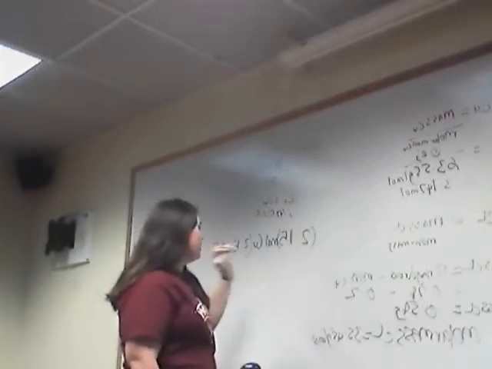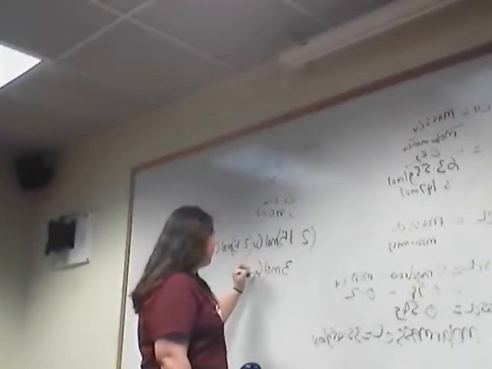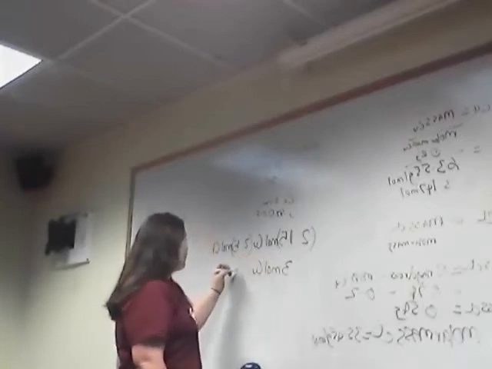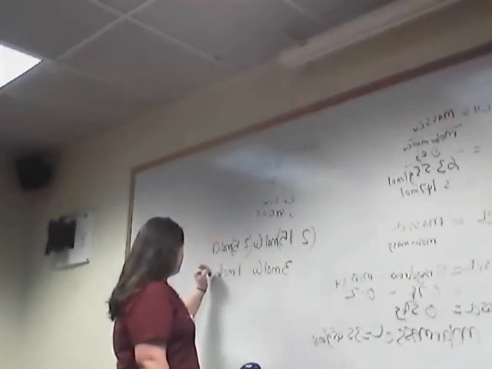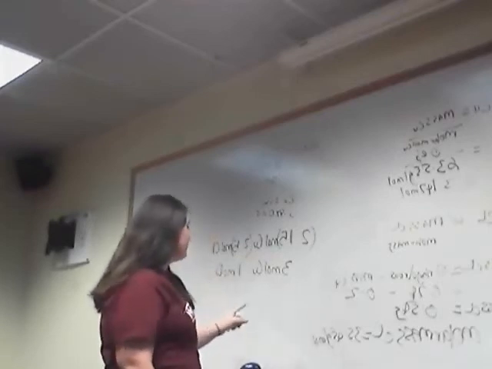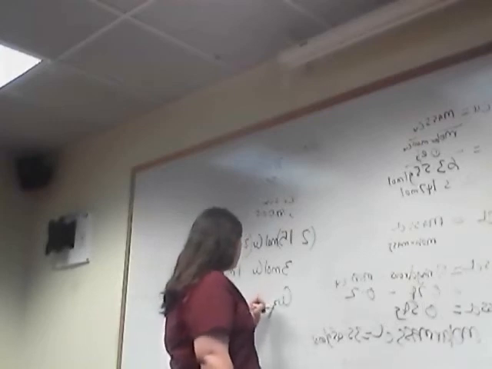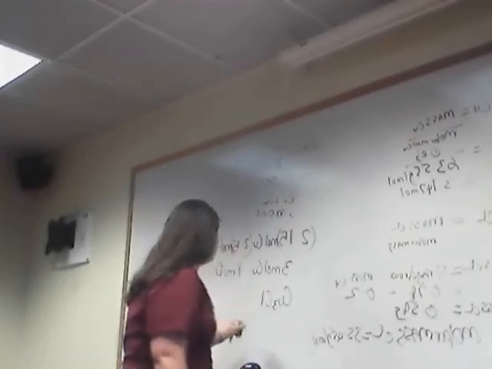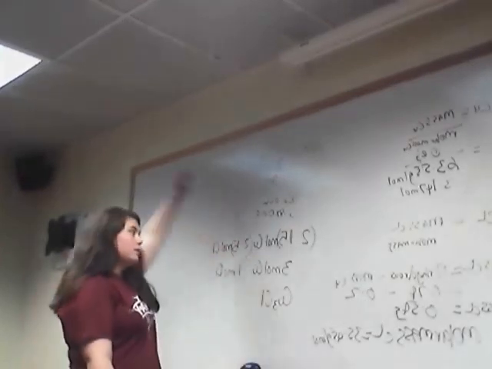So this would become 3 moles of copper, and this would become 1 mole of chlorine. If you write this as the empirical formula, you would have Cu3Cl1, though you don't write the 1. Ta-da!